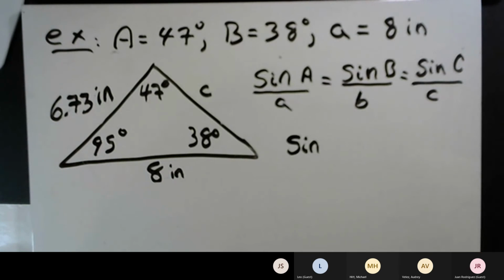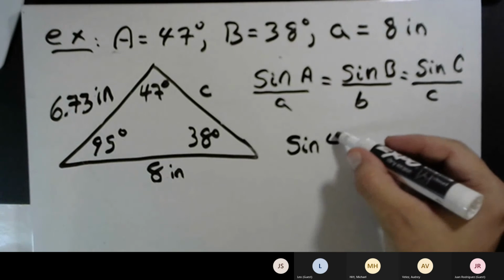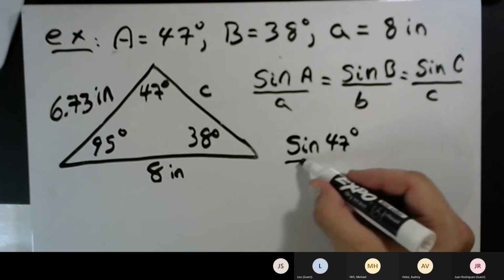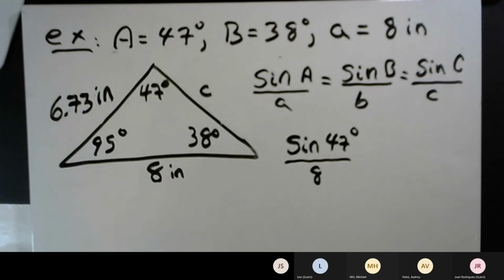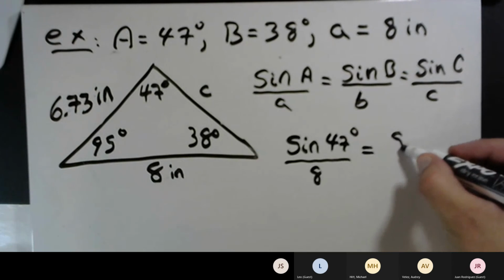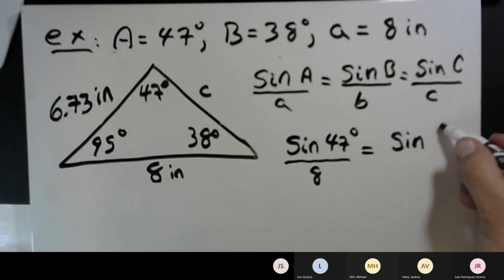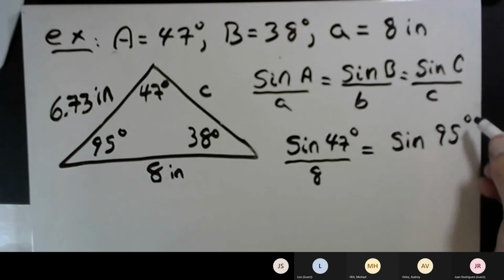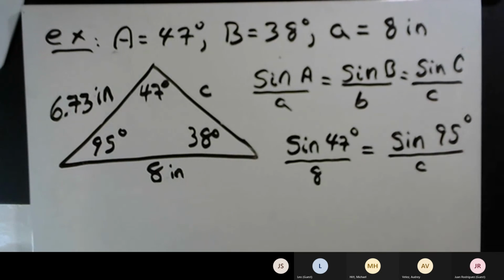So sine A, again, A is 47 degrees, and we have that exact measurement they gave us of 8 inches, while if we use the B, that was rounded. And then sine C, well, we know what capital C is, that's 95. And then the unknown is little c.